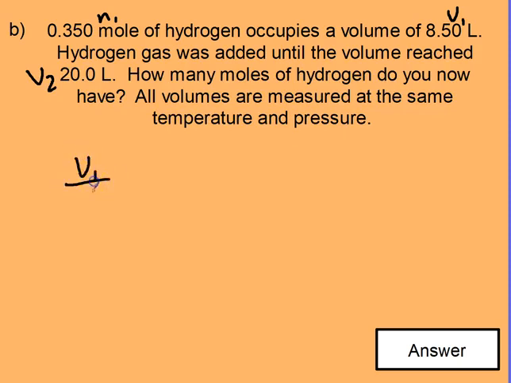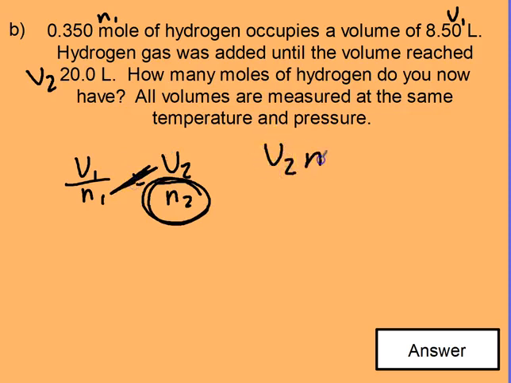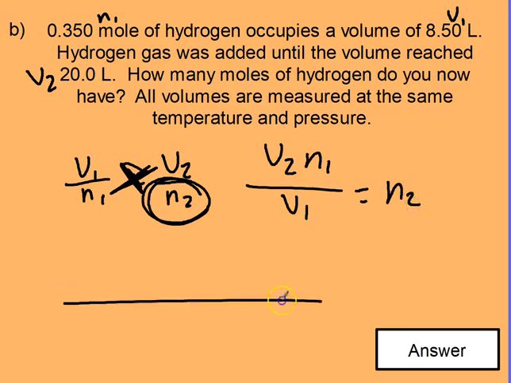So I have volume 1 over moles 1 is equal to volume 2 over moles 2. I'm looking for moles number 2. So I'm going to cross first, volume 2 times moles 1, divided by this side, volume 1, is equal to moles number 2.